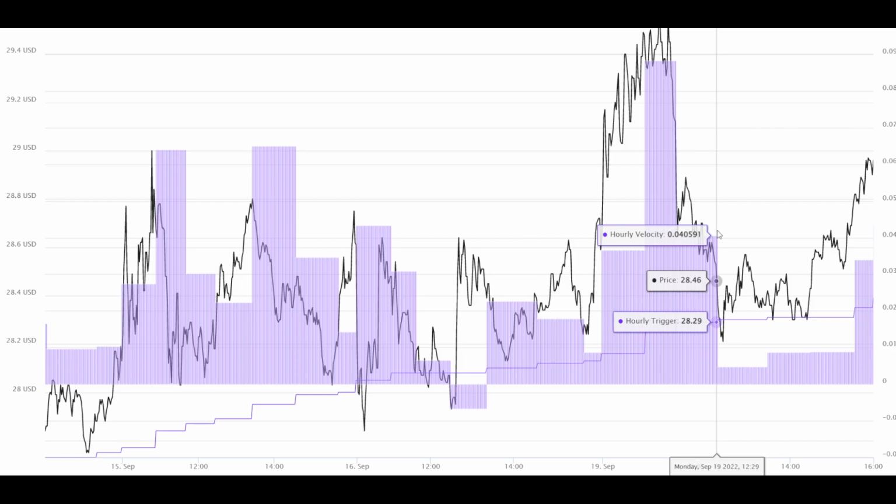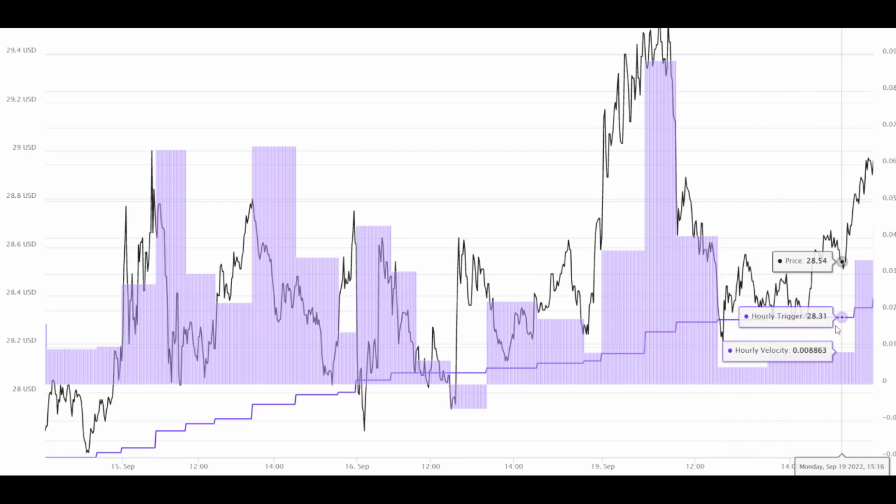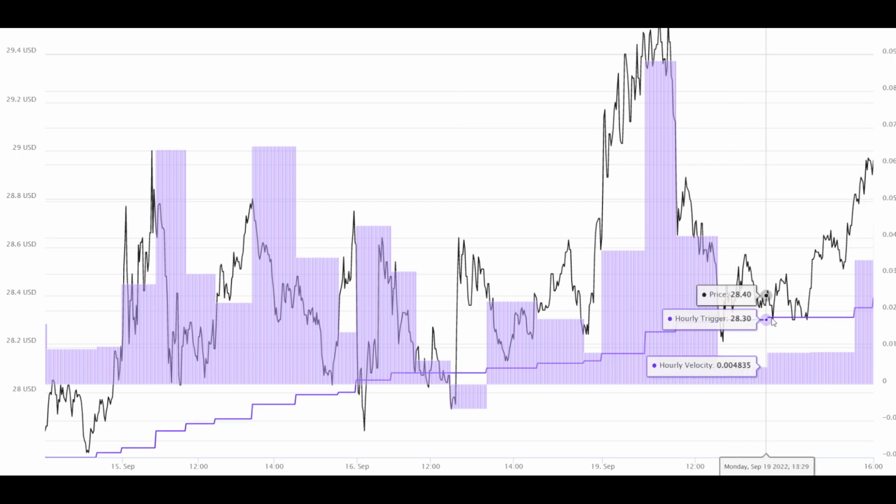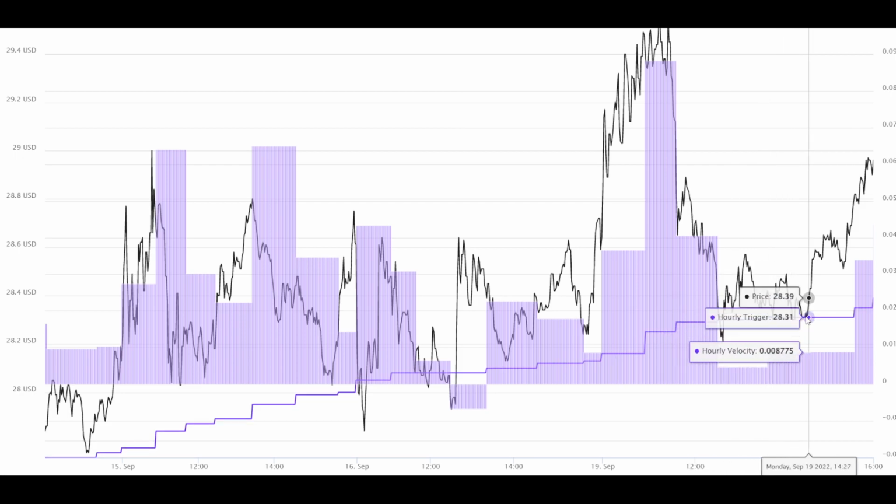Now, you can try to use any other EMA or SMA to mirror this, but you can see that when price bounced right here and right here and right here, it didn't bounce where my cursor is, down at 28.05 or down at 28.10 or 27.90. It bounced exactly off the hourly trigger.